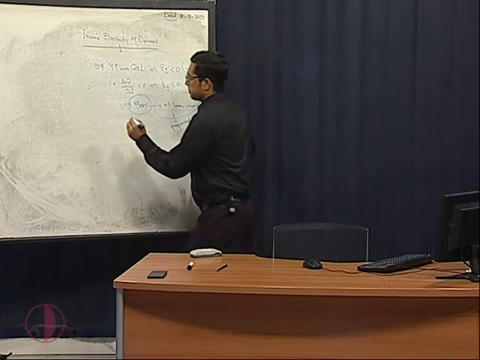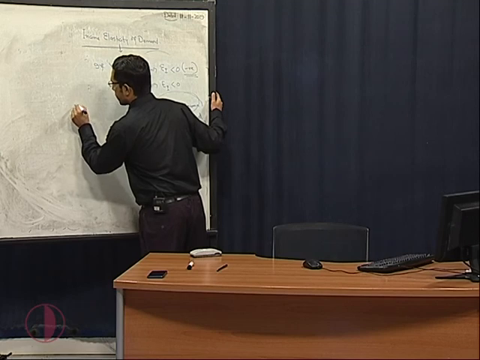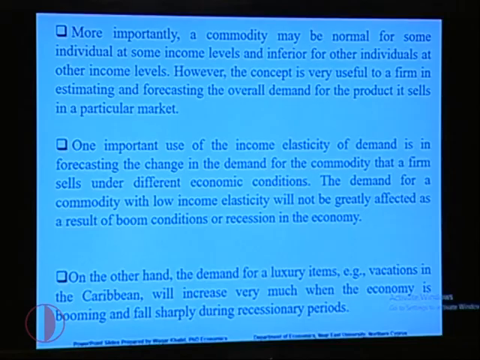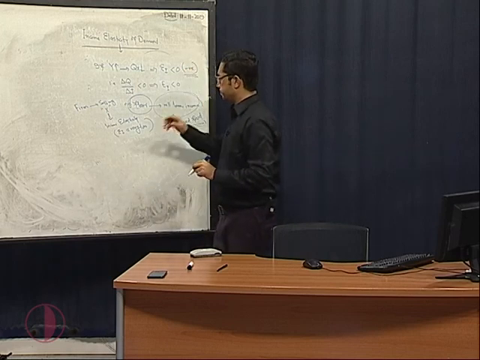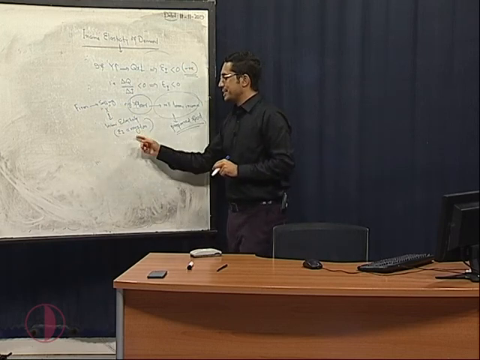For example, we have a firm producing and selling commodity X, and the income elasticity of demand for commodity X is very low.